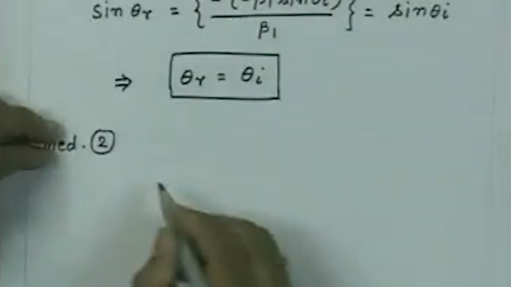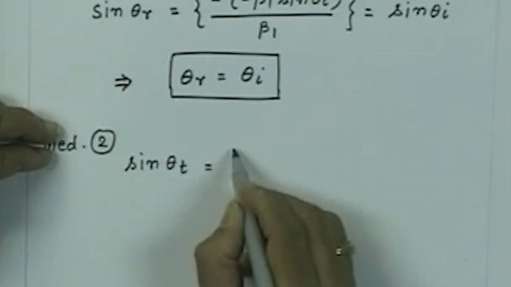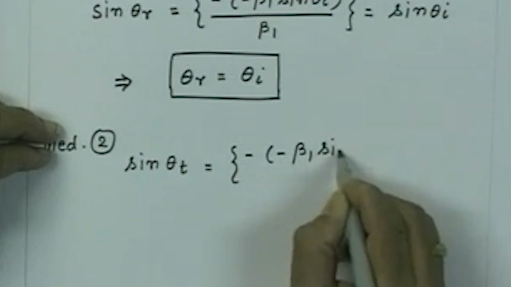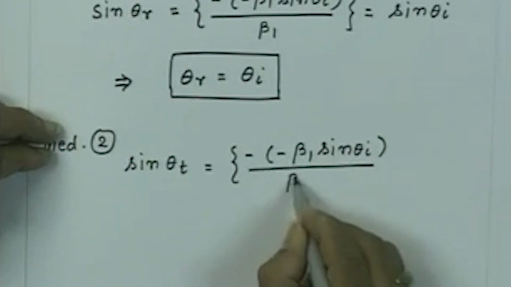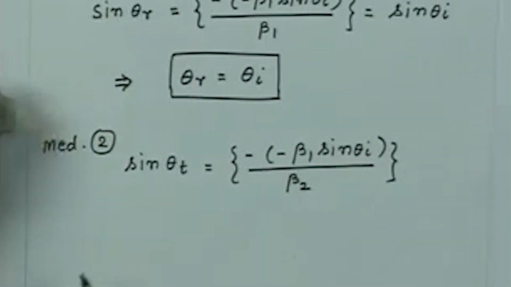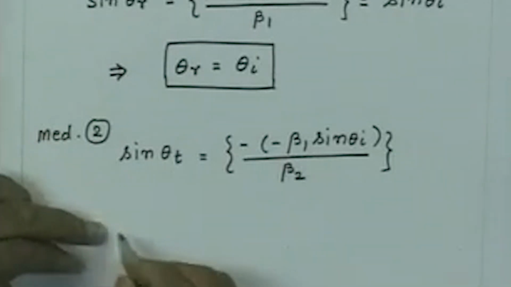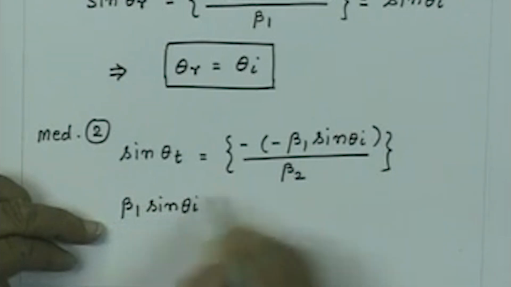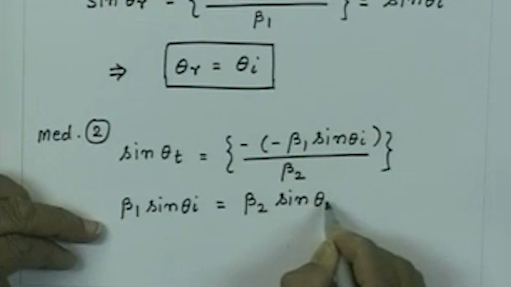So, we get from here sine of theta t is equal to minus beta 1 sine of theta I divided by beta 2, because we are in medium 2 now. So, from here essentially I get beta 1 sine of theta I equal to beta 2 sine of theta t.